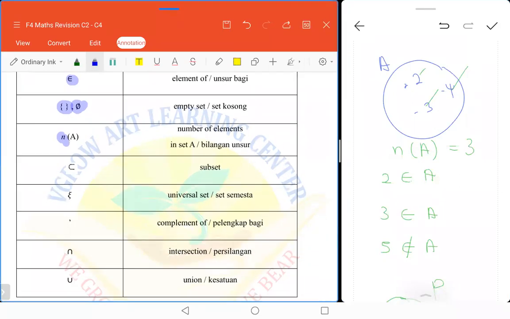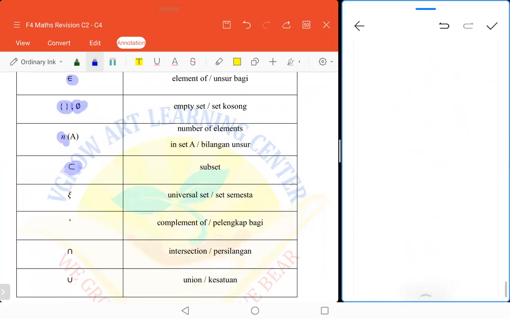Move on. The symbol ⊂, like a C, is known as subset. Subset means it's under or inside. So if I have P subset of Q, it means set P is inside set Q. Q is outside, P is inside.